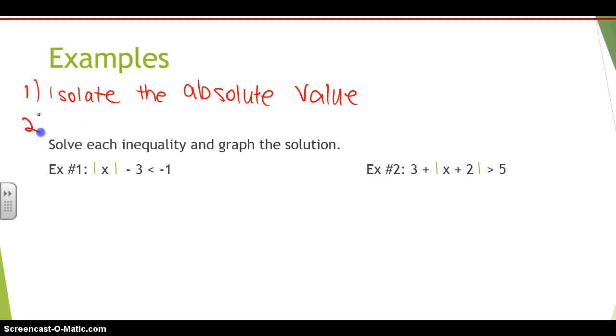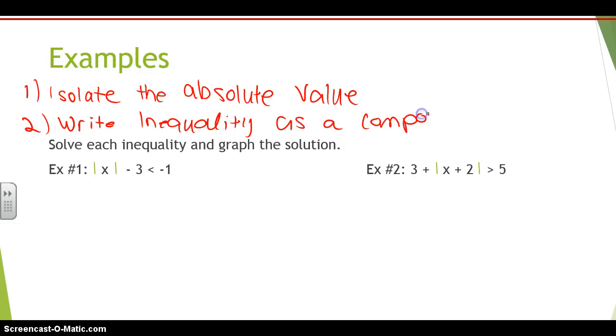The second step when solving is we're going to set it up. We're going to write the inequality as a compound inequality. So let's get started with these examples.